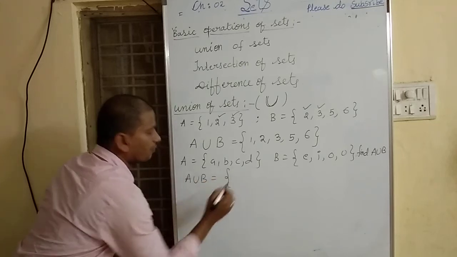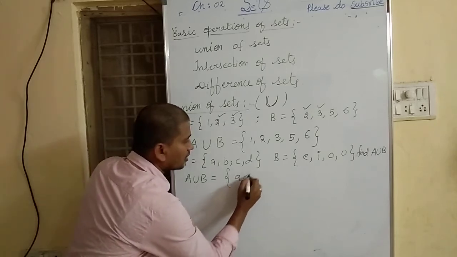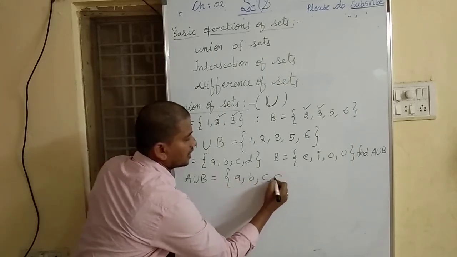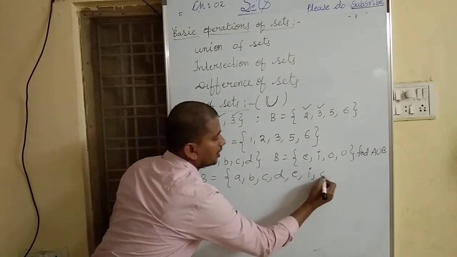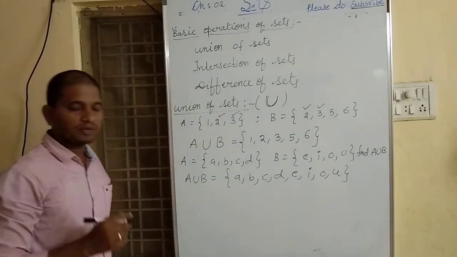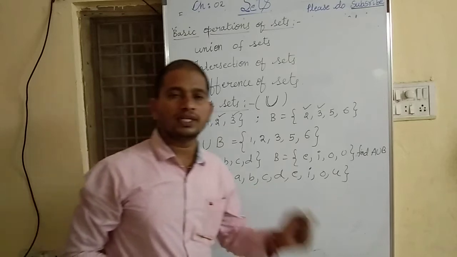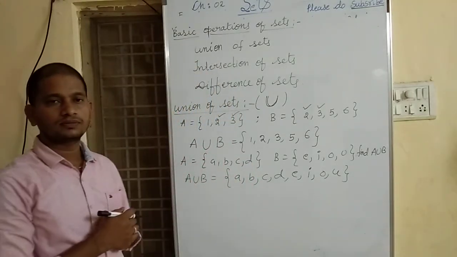All the elements of both set A and set B, that is A, B, C, D, E, I, O, U. Union means we have to write all the elements of set A as well as set B.